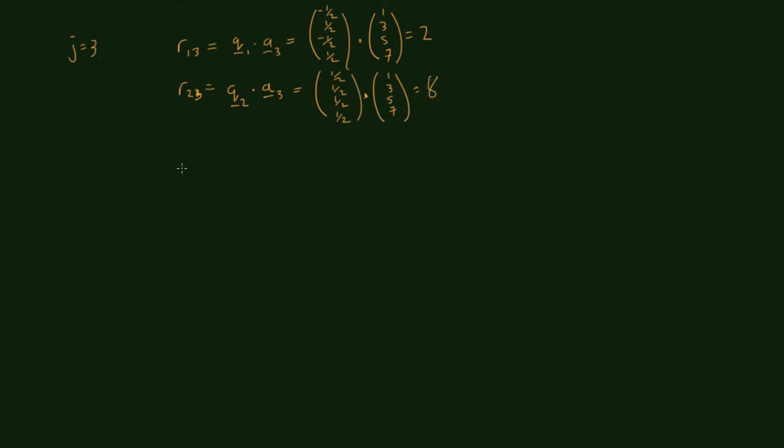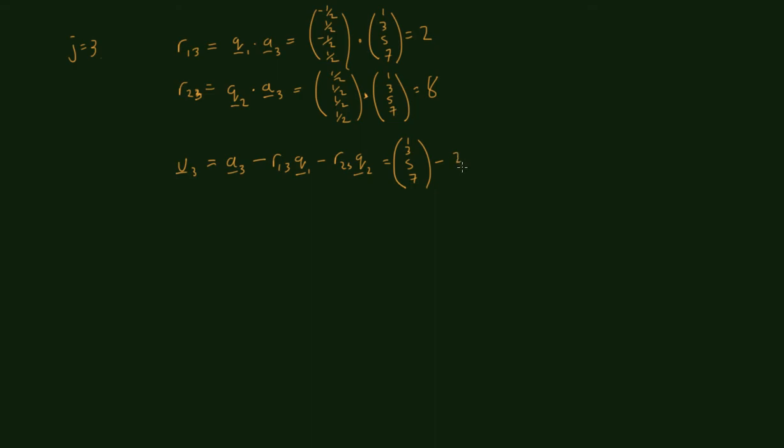Okay, so now we've got the Schmidt step, so we're calculating U3, so that's got to be perpendicular to both Q1 and Q2, so it's going to be R13 times Q1 minus R23 times Q2. So A3 is 1, 3, 5, 7.